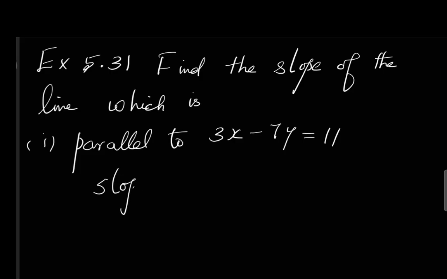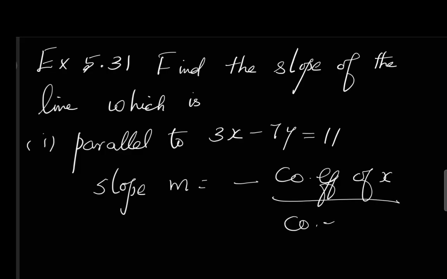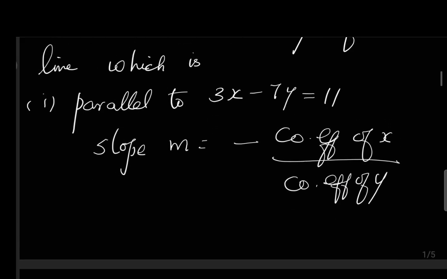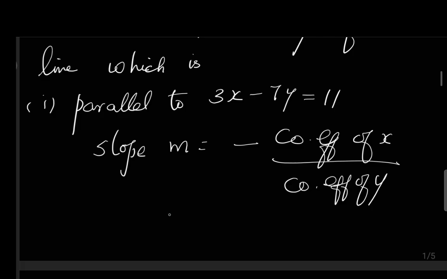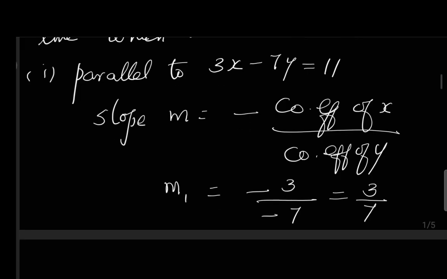Slope m is equal to minus coefficient of x divided by coefficient of y. Take our given line slope as m1. Minus coefficient of x is 3 here, coefficient of y is minus 7. Minus cancels. So you will get 3 by 7.